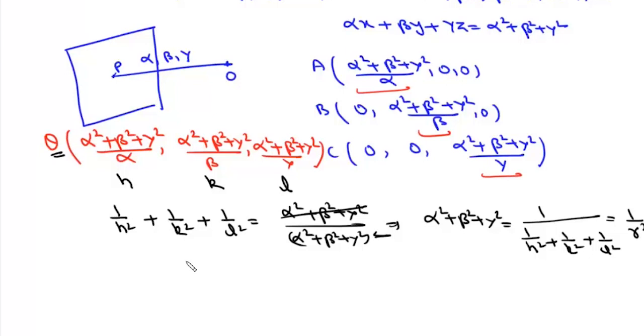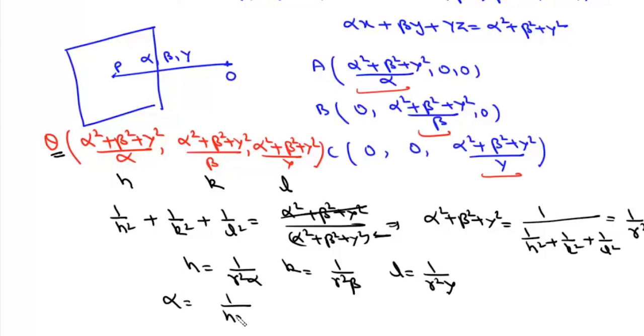So now we can write h as alpha upon r square, k as beta upon r square, and l as gamma upon r square, or alpha is 1 upon h r square, beta is 1 upon k r square, and gamma is 1 upon l r square.